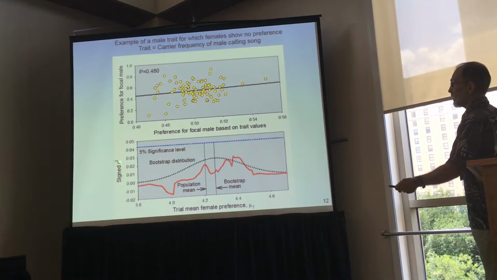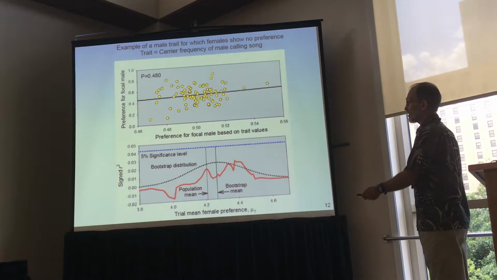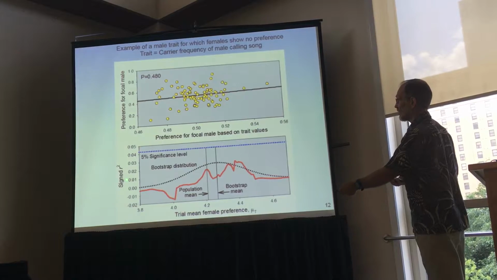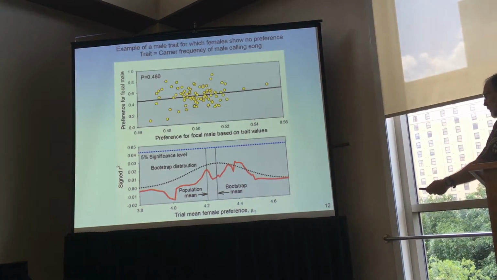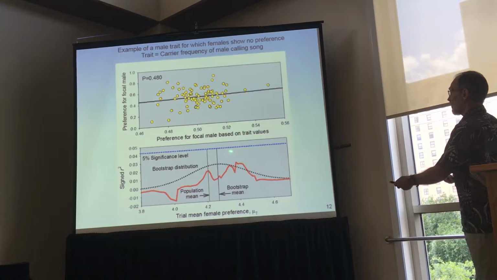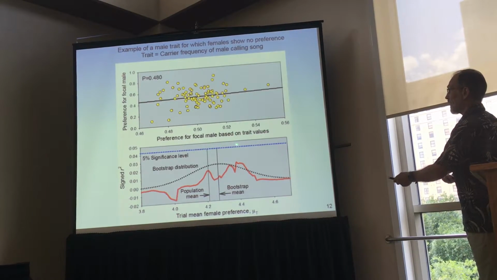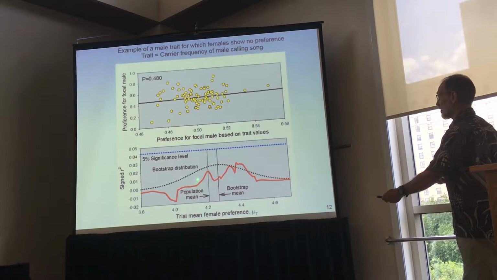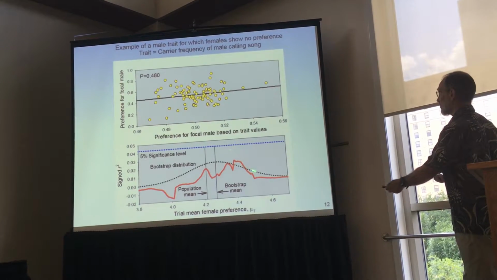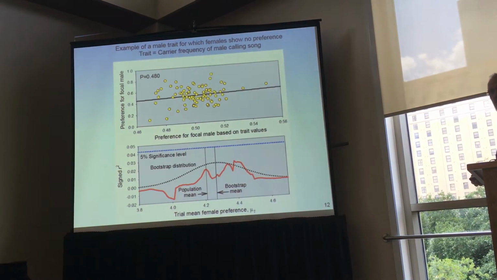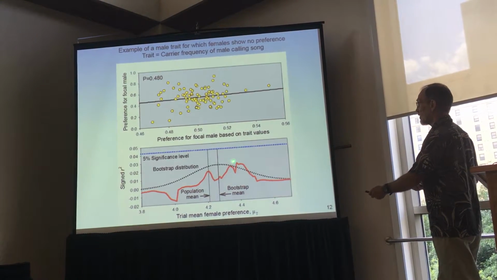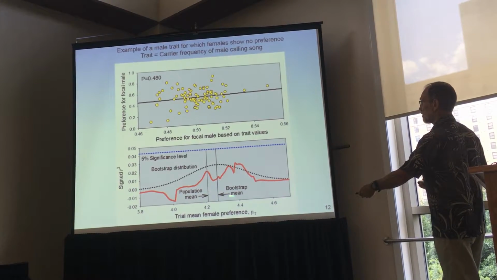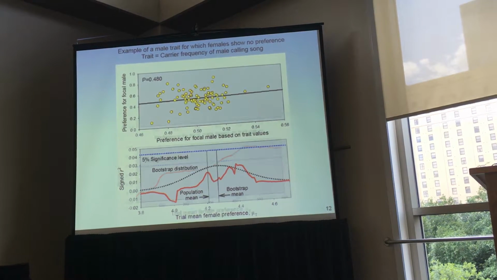Similarly, if we look at, in this case I put the signed R-squared because in fact for non-significant values the slopes might actually appear to be negative, so I've actually signed this. And this is the 5% significance level, so it has to go above that in order to demonstrate stabilizing selection. These are the actual estimates, and you can see that they lie well below the significance level, so there's no evidence of stabilizing preference. This is actually the bootstrap distribution, the bootstrap mean and the population mean, but they're not actually different.